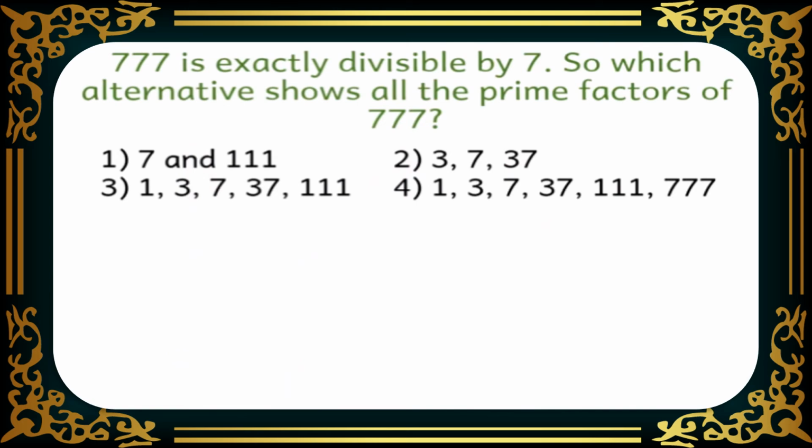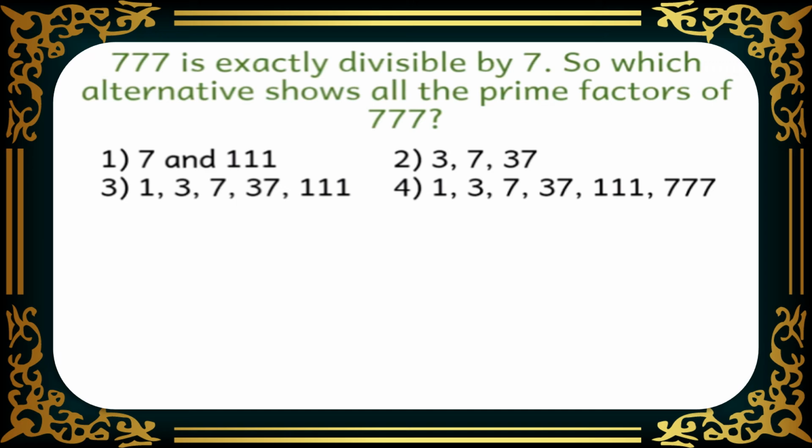Next question is 777 is exactly divisible by 7, right? So which alternatives show all the prime factors of 777? ऐसे कौन से numbers हैं जो हम लोगों को prime factors दिखाएंगे 777 के? अगर हम लोग इसे divide करेंगे ना, factors find out करते, you all remember how you find out the factors.